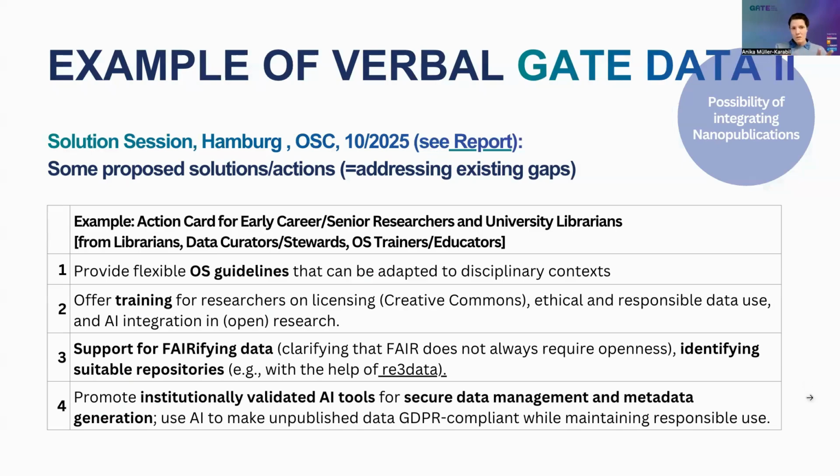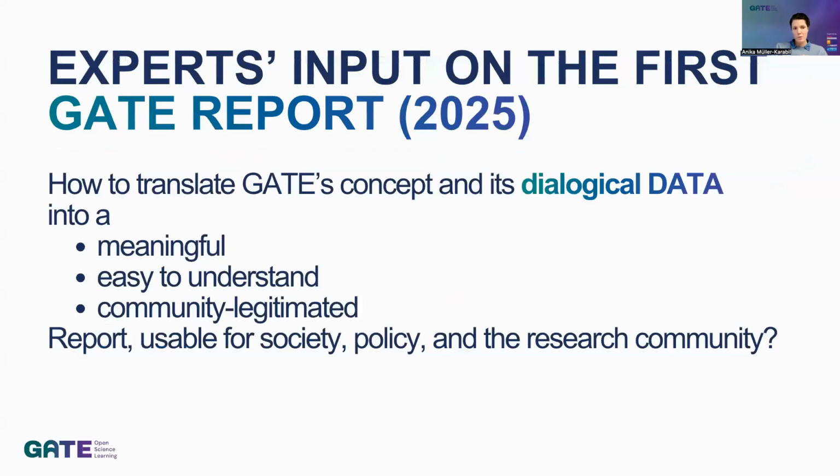This is something we have been discussing that could be published in a nano publication, to just say gaps identified at workshops XYZ, and then we have the gaps. So that's also one idea of how to work with this rich verbal data from the workshops and solution sessions.